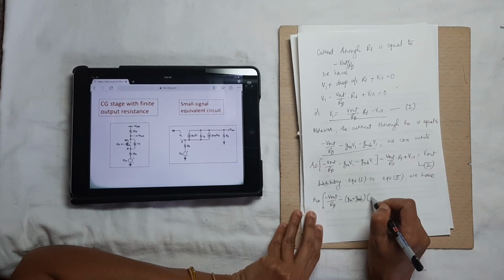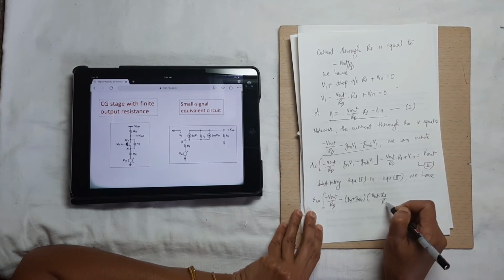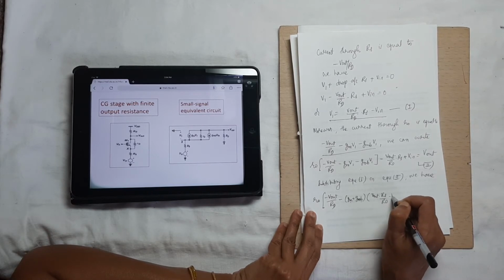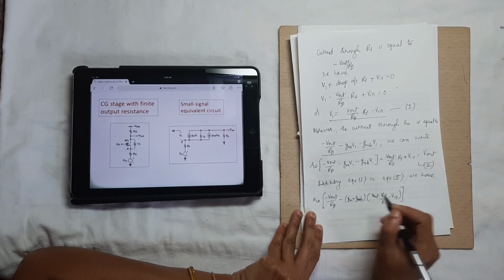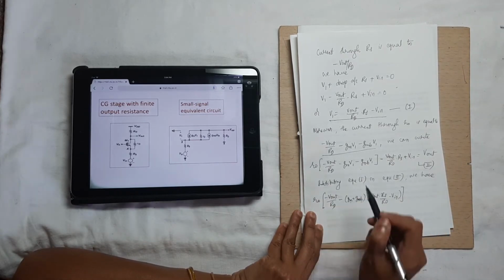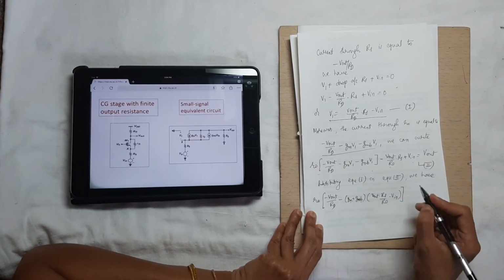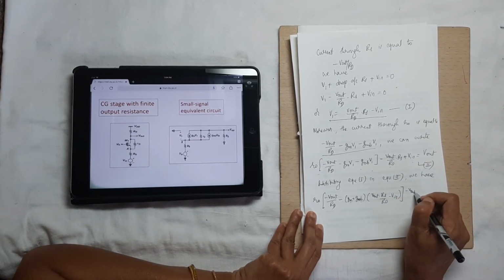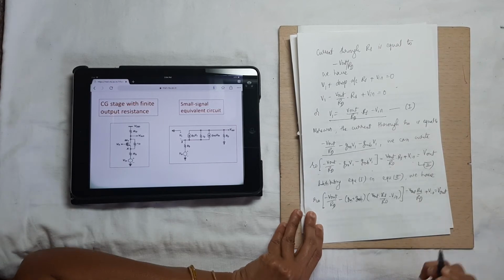V1 is given as V out into RS by RD minus V in. That is this part. And these two expressions as it is, minus V out into RS by RD plus V in is equal to V out.